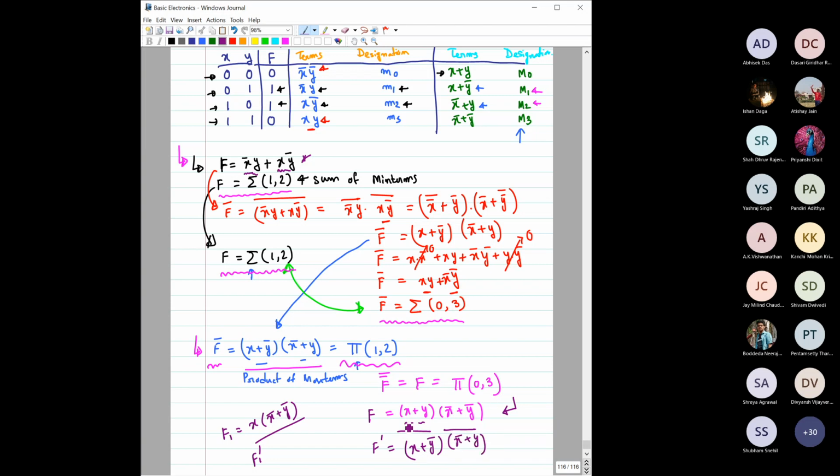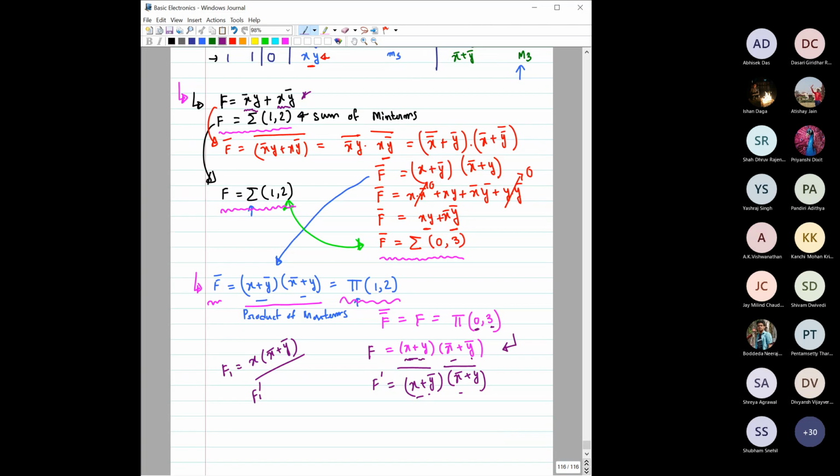Because this term means 0, and this term is 3, so its inverse would be 1, 2. You take the 1, this is 1 and this is 2. That's why you can easily write this function.